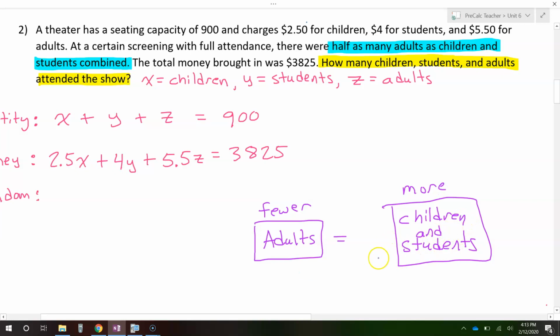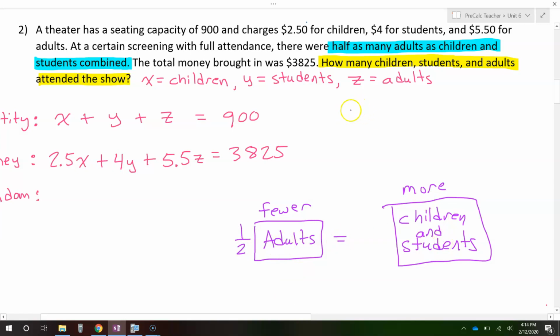Now, the reason why I'm emphasizing that there are fewer adults and more children and students is because a common mistake is to look at this blue sentence that says half as many adults, and people will think, oh, okay, so I need to do half of the adults, and that will equal the number of children.